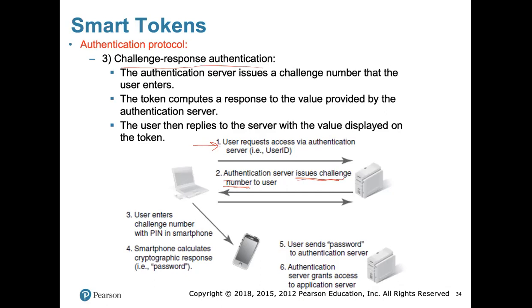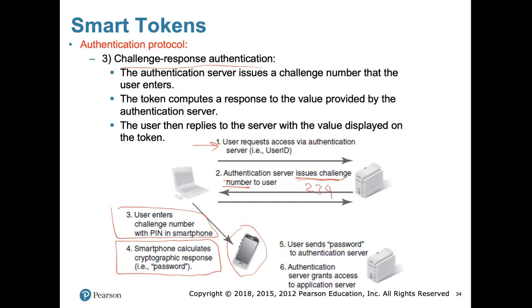And in step 3, it might be, for example, through a smartphone, the challenge is being transferred to the token, and the token calculates something based on that challenge. For example, let's say you want to get access, and the server sends you, for example, 234.